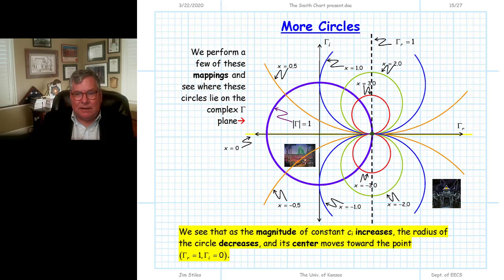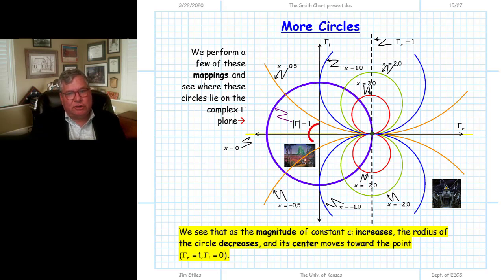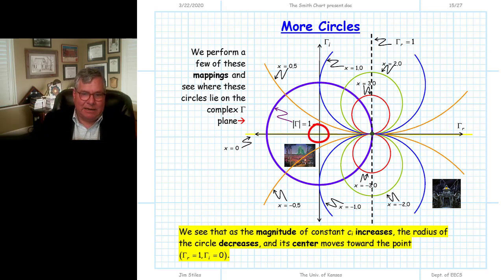If we look at this, the values extend in our example from the largest value of x equal to 3 to a most negative value of x equal to -3. There's a lot going on in this plot, so look at it carefully. First, identify where the origin of the complex gamma plane is.